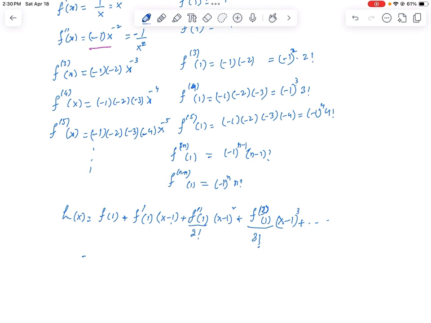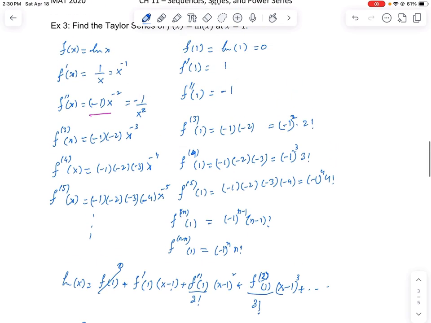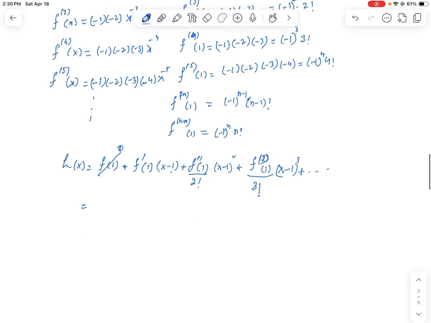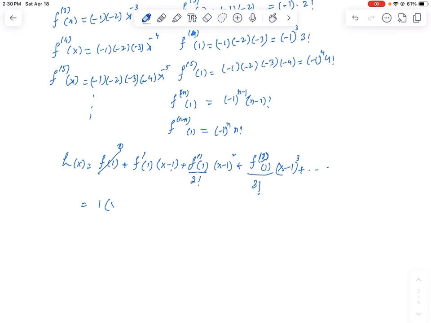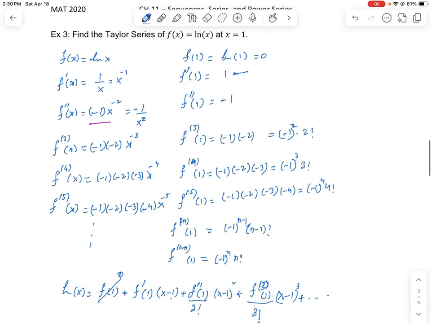So f of 1 was 0, so this is 0, we don't need that. F prime of 1 was 1. I have 1 into x minus 1 plus f double prime of 1 was negative 1.